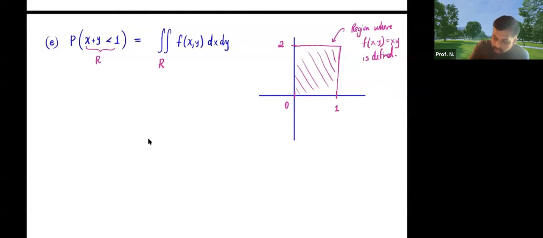But for now, we only care about the xy plane. That's all we care about. Now, the region that we're integrating over is this region, x plus y less than 1.